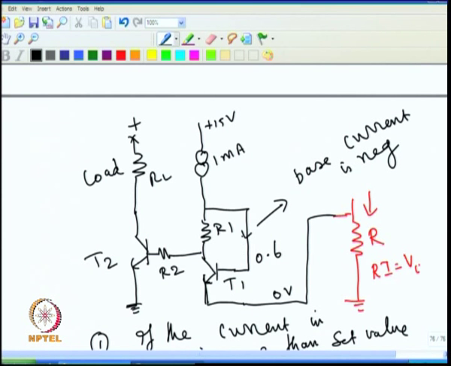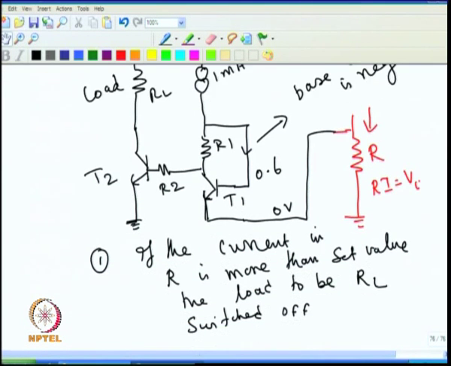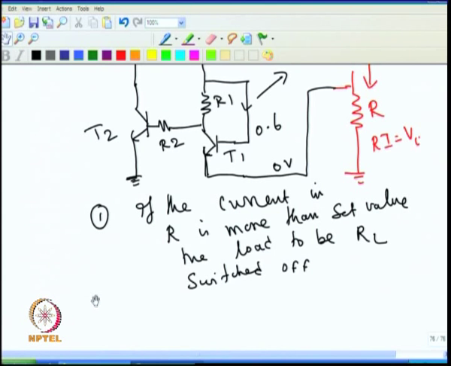If you assume the base current negligible, then the entire current that is coming here actually goes through the resistance R1. So, the voltage across R1 is equal to the constant current source, which is 1 milliampere, into R1.